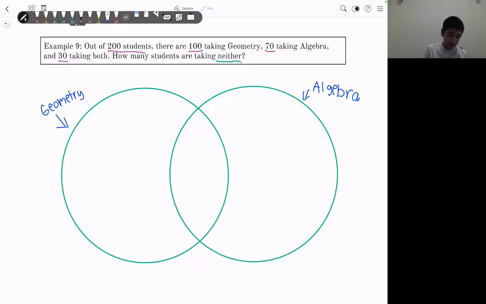So I'm going to give you another hint to get you moving a little more forward. There are, again, 100 students taking geometry, 70 taking algebra, and 30 taking both. Let's first find the number of students in all these circles combined. There are 100 students taking geometry, 70 students taking algebra.